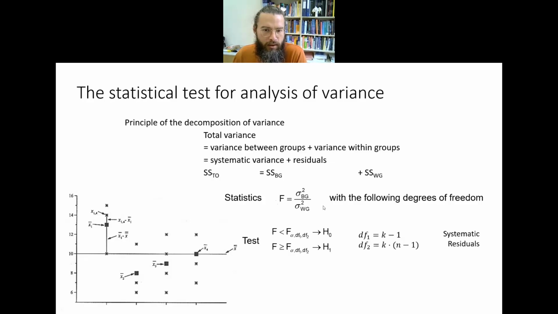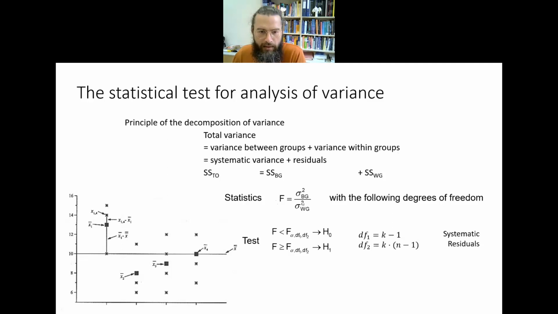With another value, which is the random variation, or the residuals in your model. And they are given by the variability you observe on average within each one of the 4 levels. And this is the variance within groups.